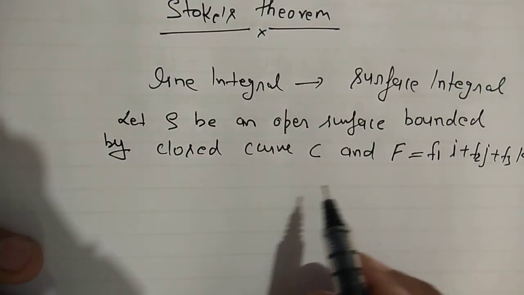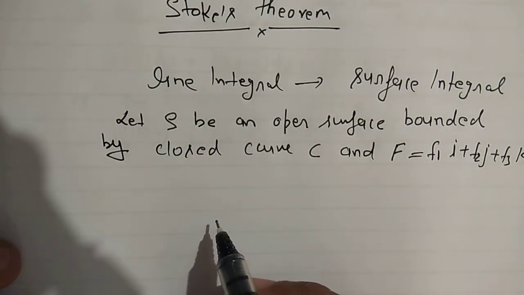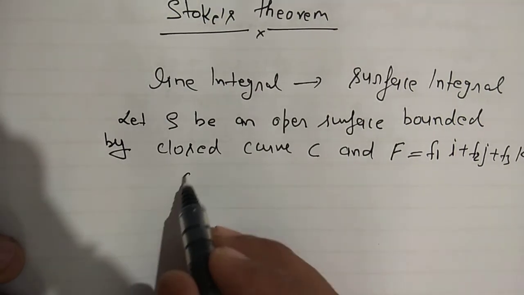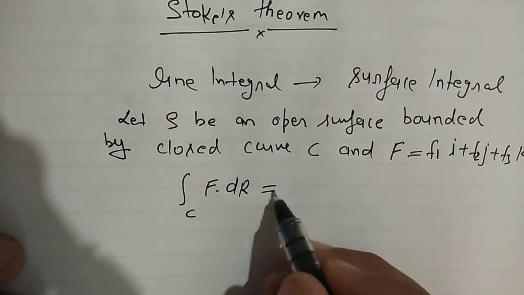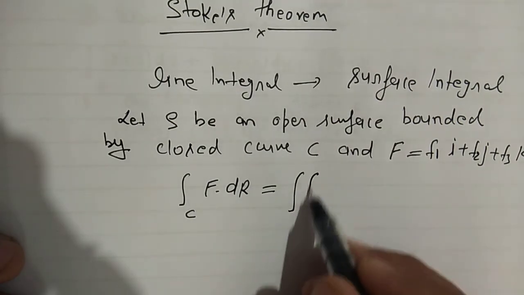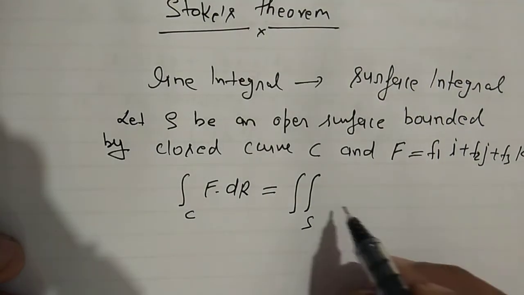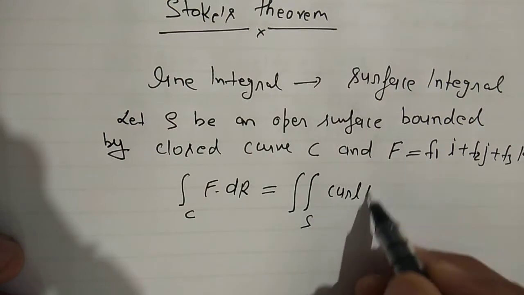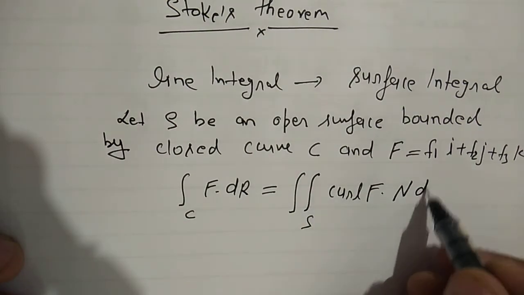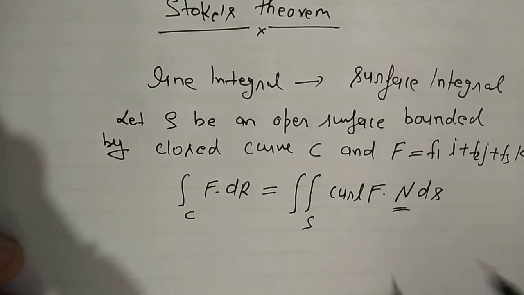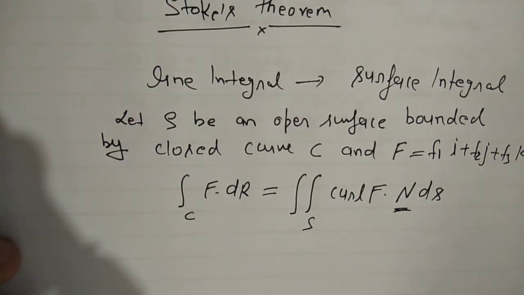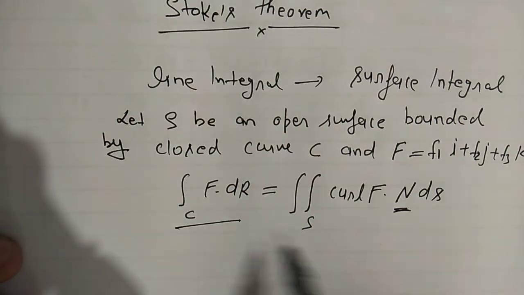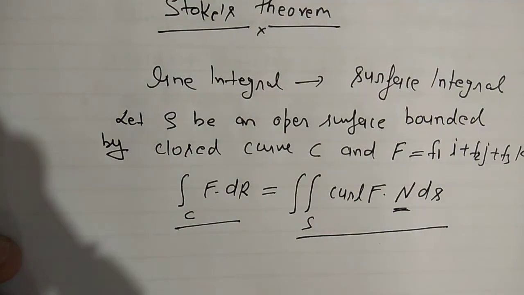So F is a continuously differentiable vector point function. Then the line integral of F dot dr equals the surface integral of curl of F dot n ds, where n is the unit normal outward direction of the surface S. So this is the line integral, this is the surface integral. This is the statement of Stokes theorem.